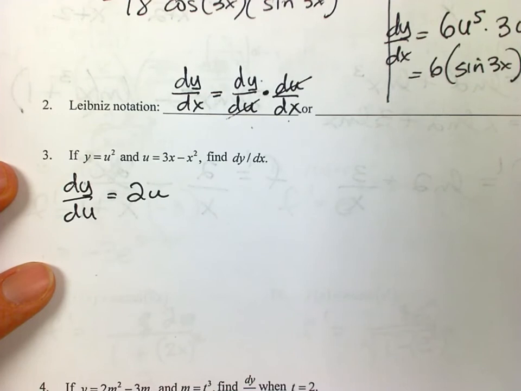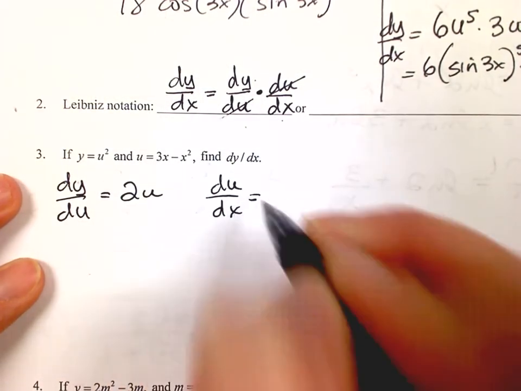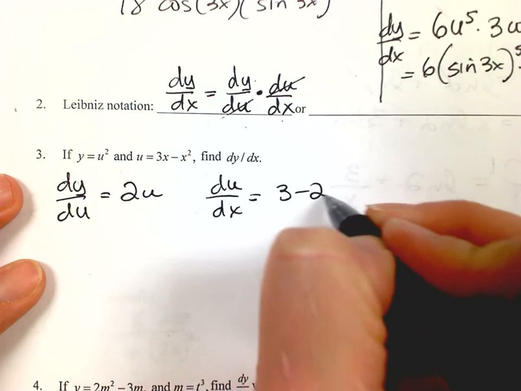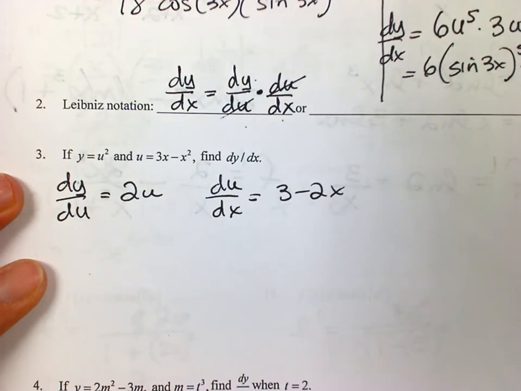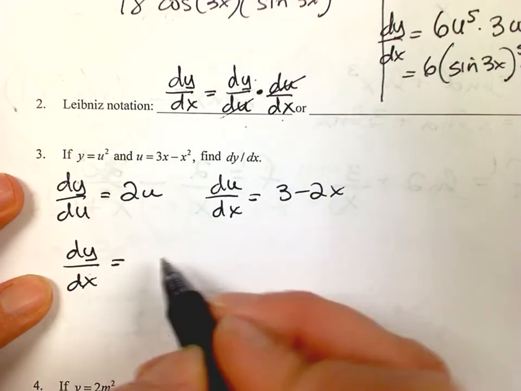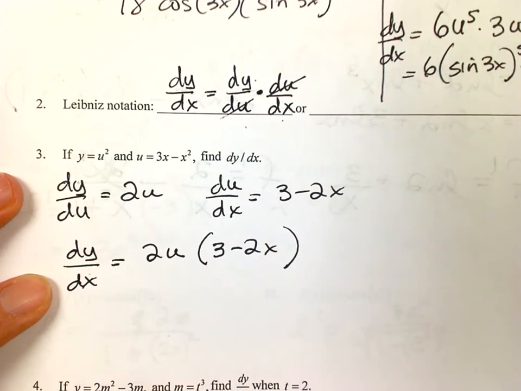We're successful with that. We'll also say du dx, so the derivative of u with respect to x will be 3 minus 2x. Put the two things together, dy dx is 2u times 3 minus 2x.